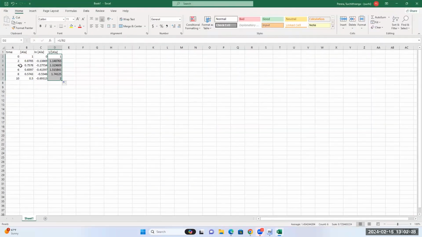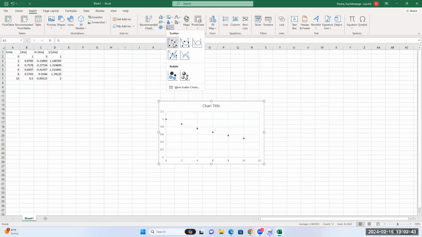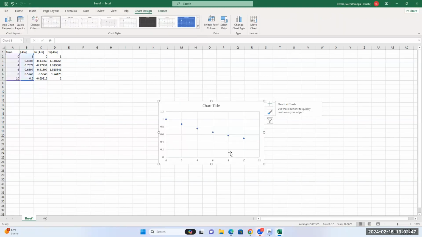All right. Now we're done. So now we select the data. I'm going to first plot concentration versus time. Select those data, just like that. Go to insert, scatter plot, choose this plot. And it's going to plot the data for you.